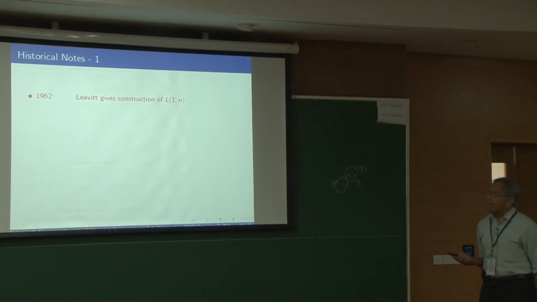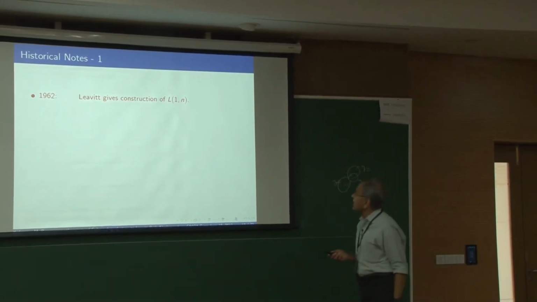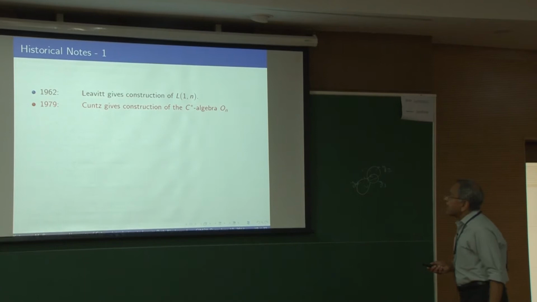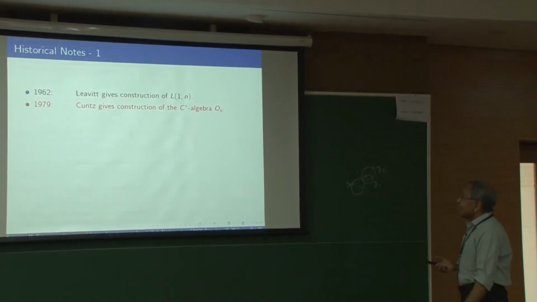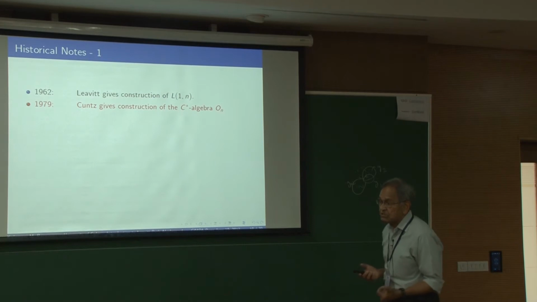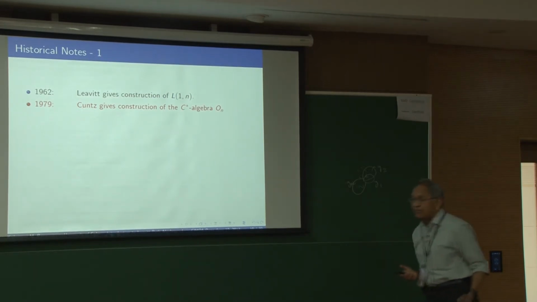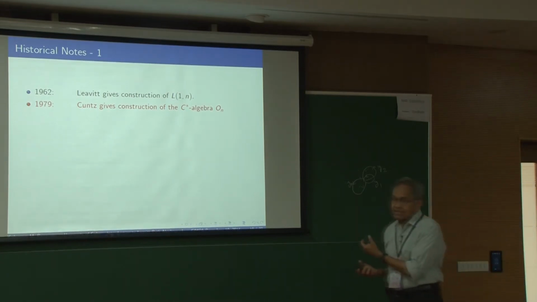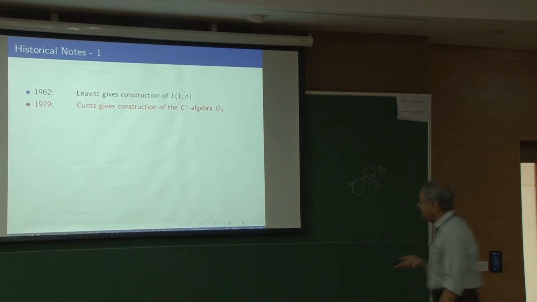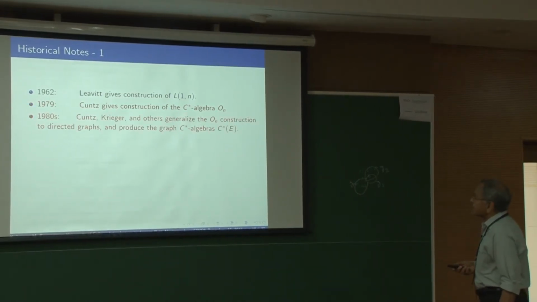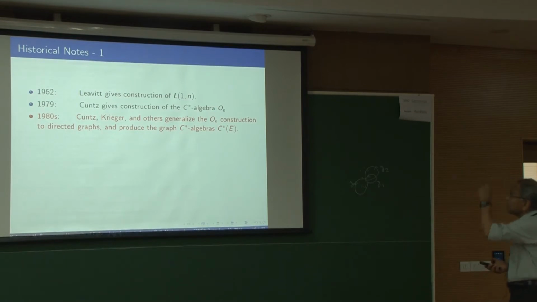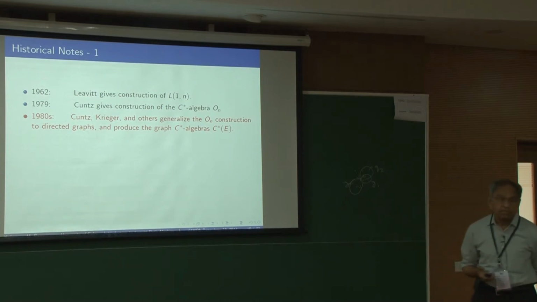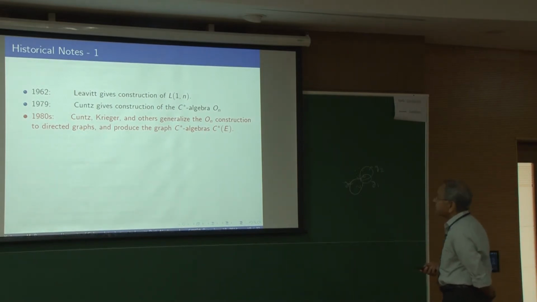A quick history. Leavitt, of course, gave the construction of L1,n in 1962. In 1979, Cuntz gave a similar construction of the C-star algebra On. The relations are identical to those given by Leavitt. Later on, Enomoto, Kishimoto, Krieger, and others generalized the On construction to directed graphs and produced graph C-star algebras over complex numbers.